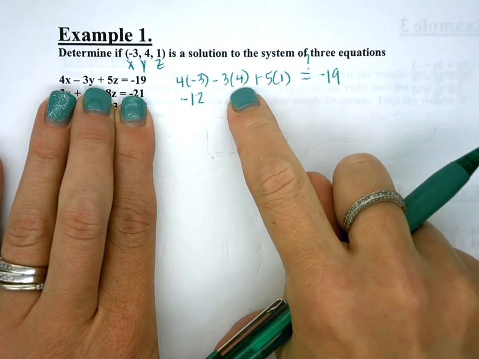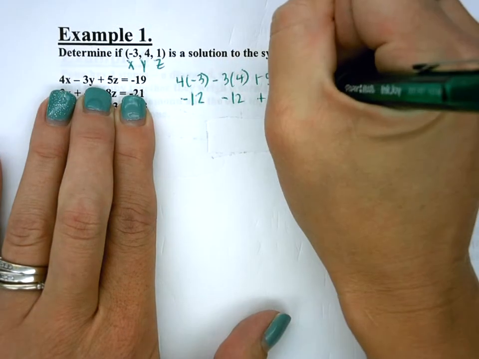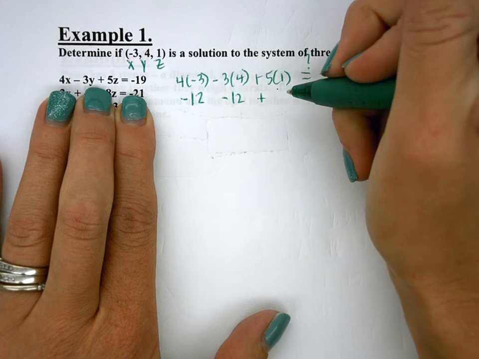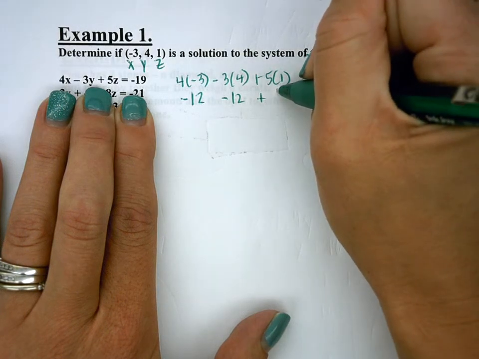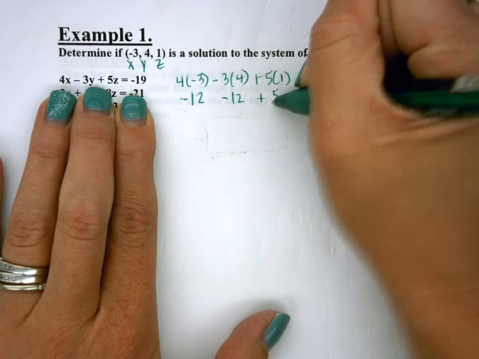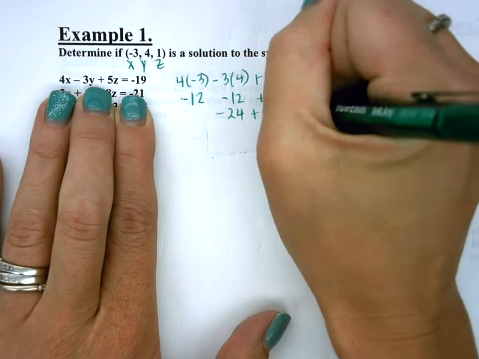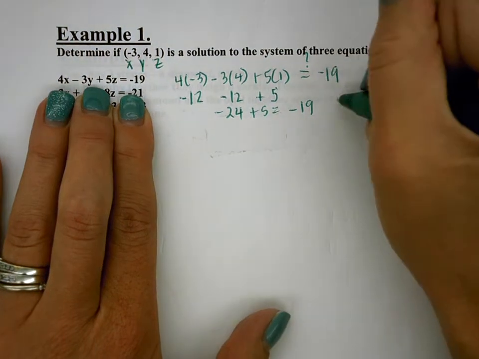Negative 3 times 4 is negative 12. 5 times 1 is 5. All right, so we go through here, we get negative 24 plus 5 equals negative 19. So does that one work? Yes, this one is true.